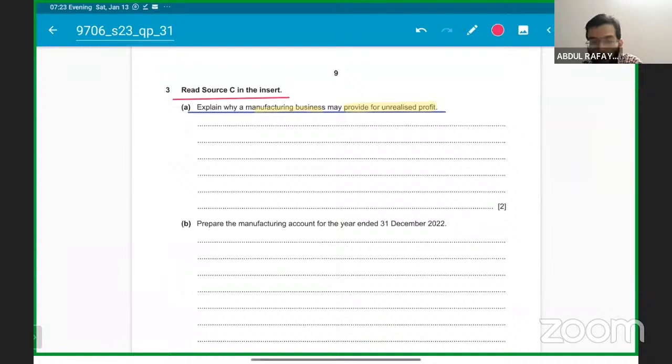So the reason that we can write is that the manufacturing business provides for the unrealized profit because of the prudence concept.